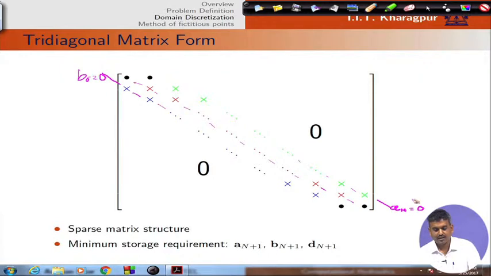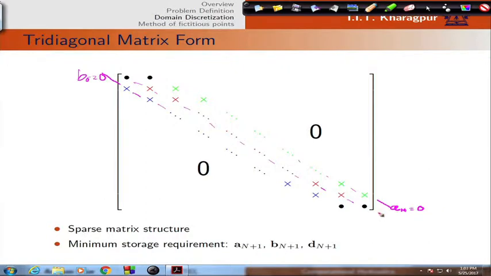So, considering these two external or non physical points, we can construct the matrix, and we can store these values in individual column vectors.